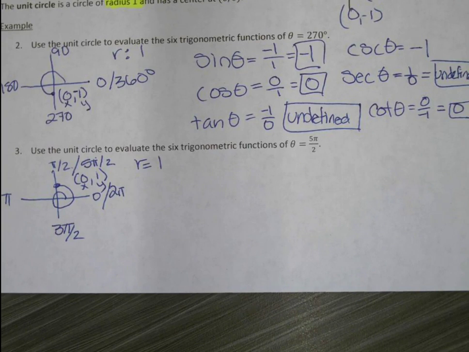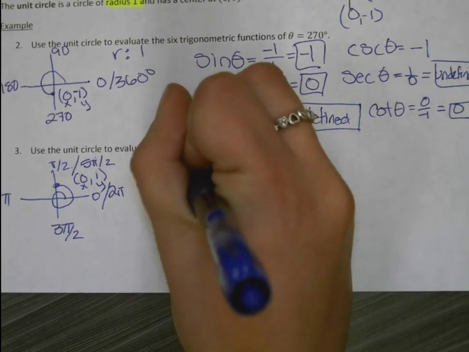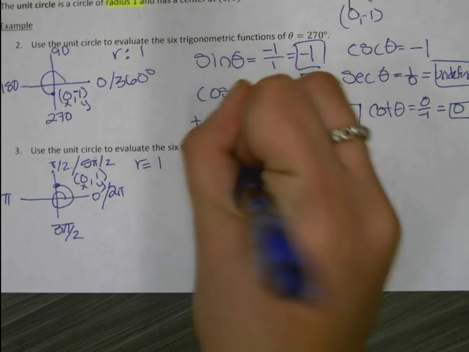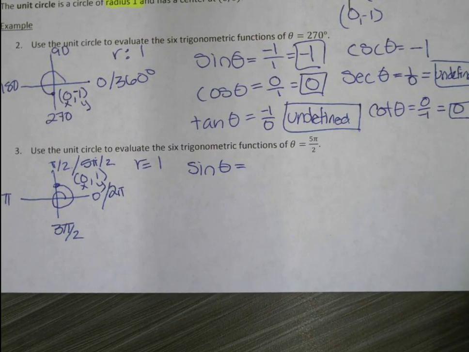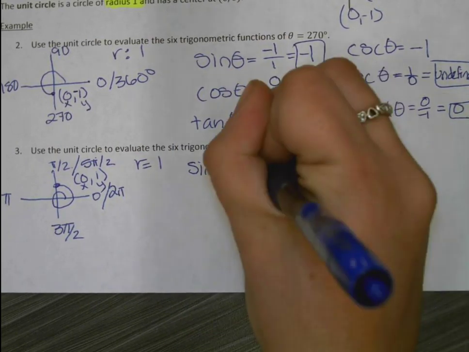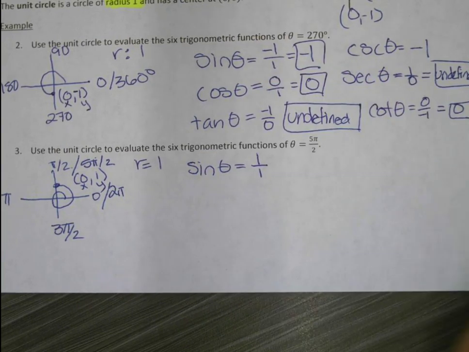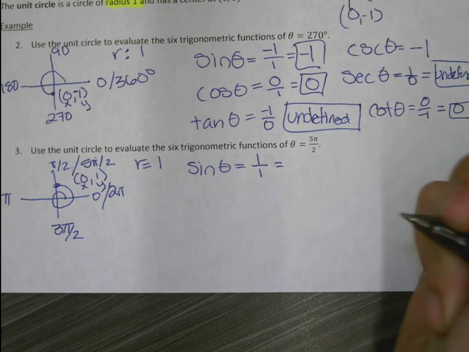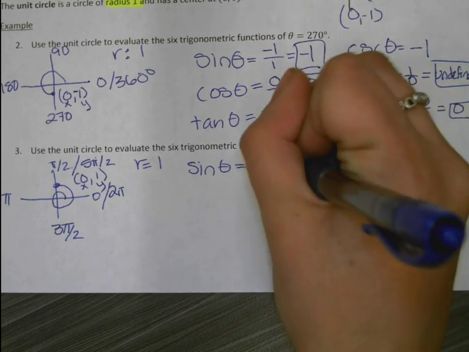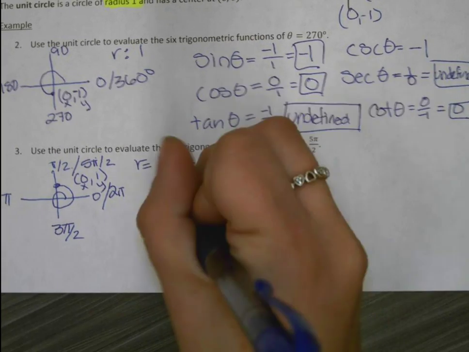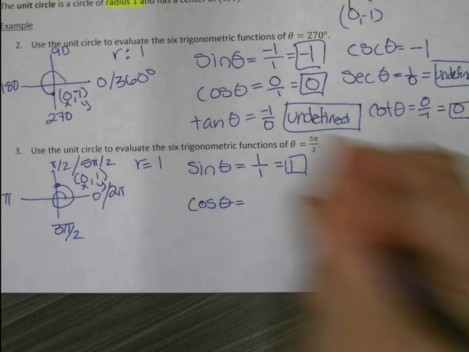Okay, so can I go and figure out my 6 trig functions now? So sine is y over r, so my y value is 1. My r value is also 1. 1 divided by 1 is 1. Then I do cosine. Cosine is x.